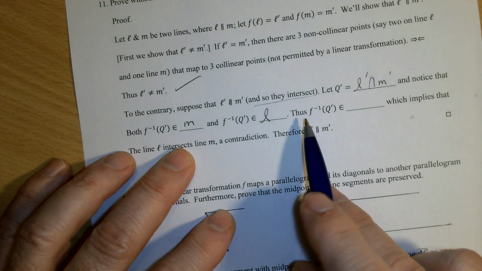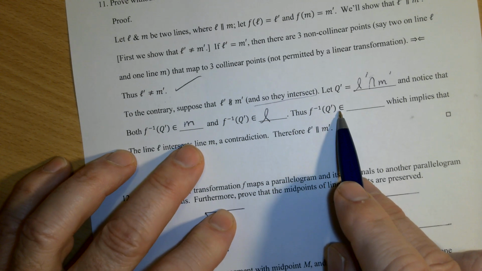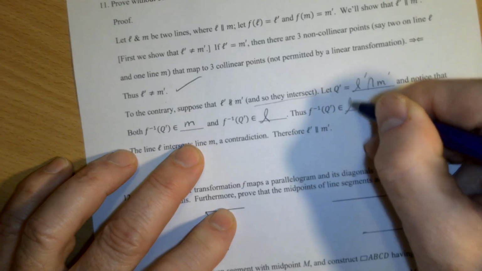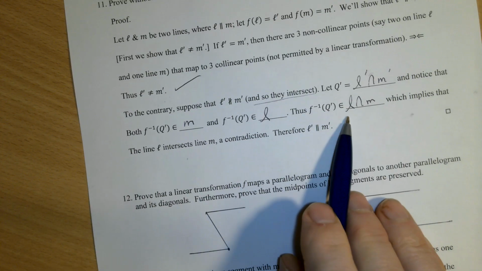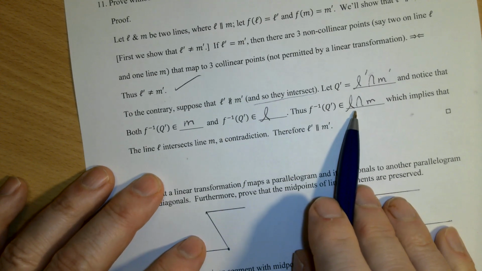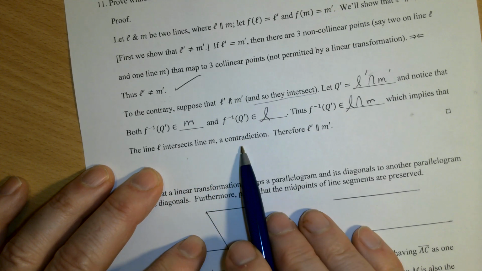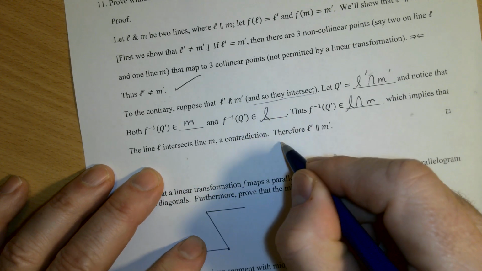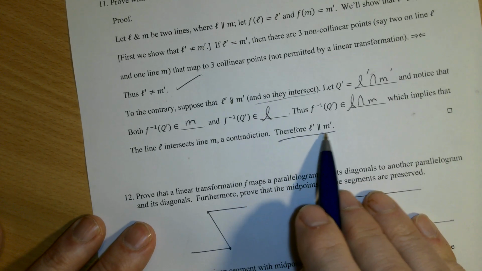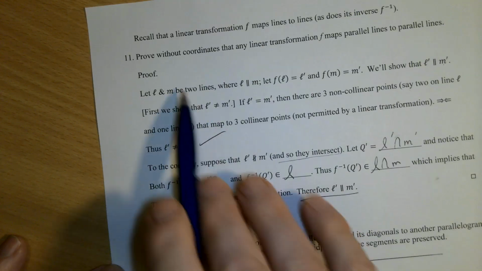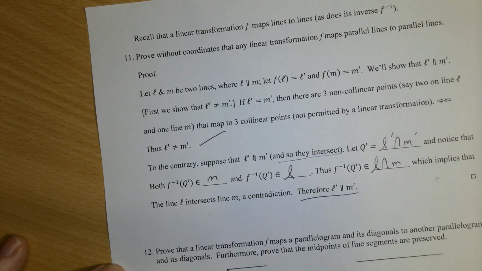So, or is an element of, I should have said. Thus, F inverse of Q prime is an element of L intersected with M. Since it's on M and L, it's on the intersection. Well, that's a contradiction. That means that the line L intersects M. That's a contradiction. Therefore, we've ruled out the two impossible cases. That means that L prime is in fact parallel to M prime, and linear transformations map parallel lines to parallel lines.